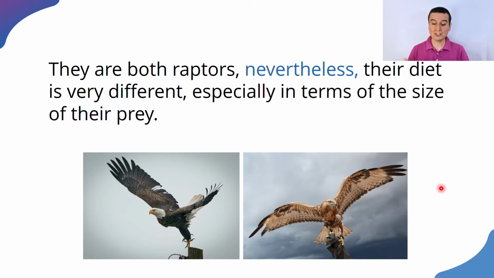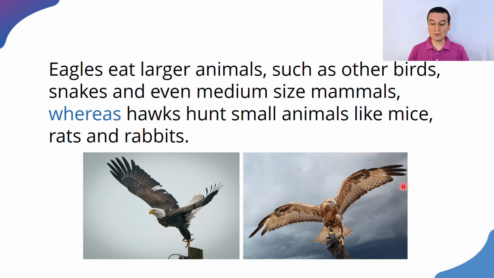Let's see the explanation of this detail here. Eagles eat larger animals such as other birds, snakes, and even medium-sized mammals. Nice. Whereas is a word of contrast there, whereas hawks hunt small animals like mice, rats, and rabbits. Good.